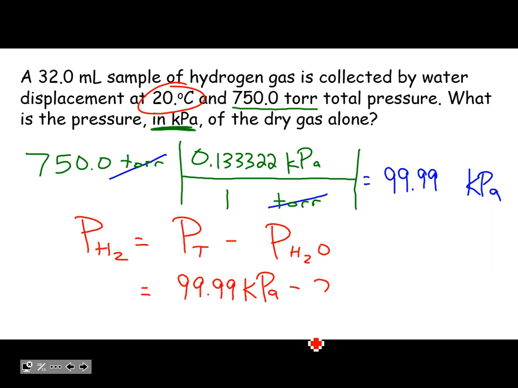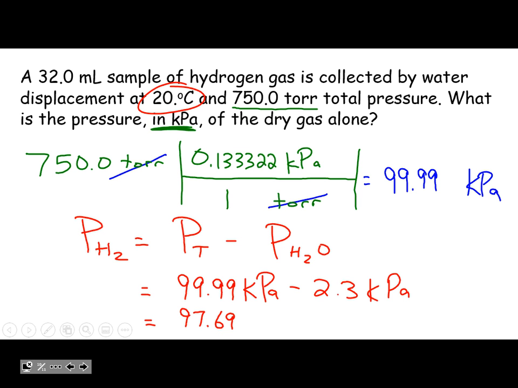So I take the 99.99 and I subtract 2.3 from that, and I get a value of 97.69.